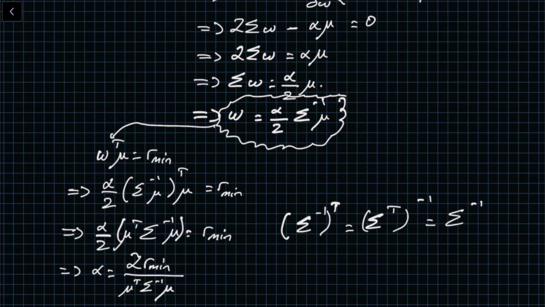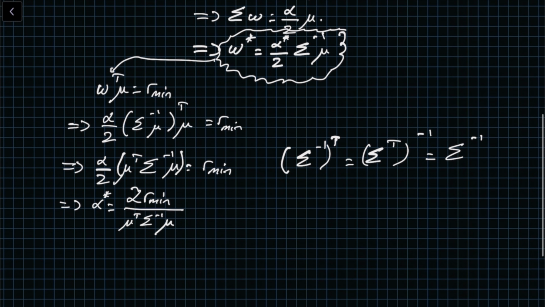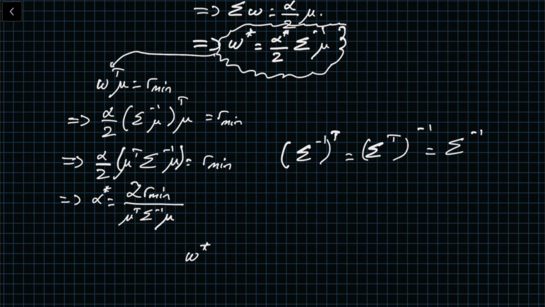Replacing this alpha right here, let's call it alpha star because it's the optimal Lagrangian multiplier, so that we get the optimal weight vector. Finally, we get that the Markowitz optimal weight vector is 2R min over, don't forget the 2, mu transpose sigma inverse mu multiplied by the rest, that is sigma inverse mu.